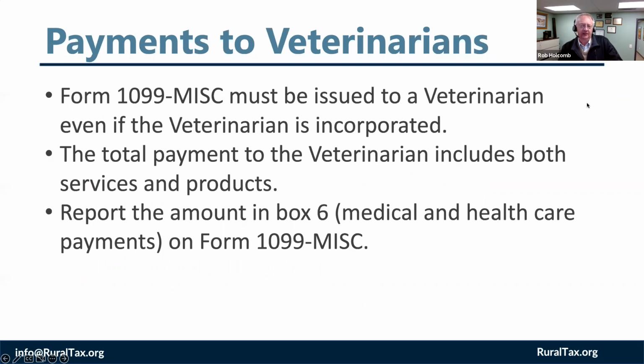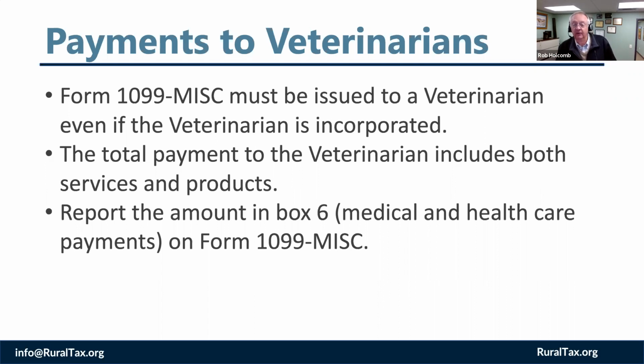So far we've talked mainly from the issuing standpoint. For instance, if I'm the farmer and I paid rent, and I paid a contractor to paint the barn, let's just use those two examples. They were both over $600.